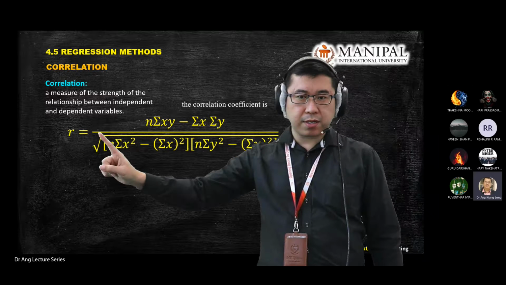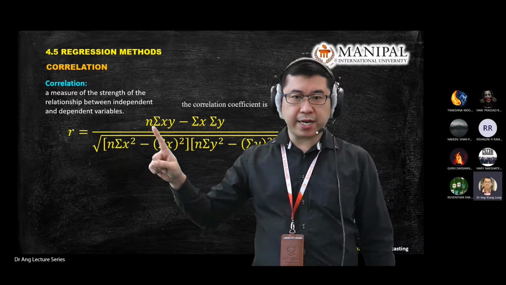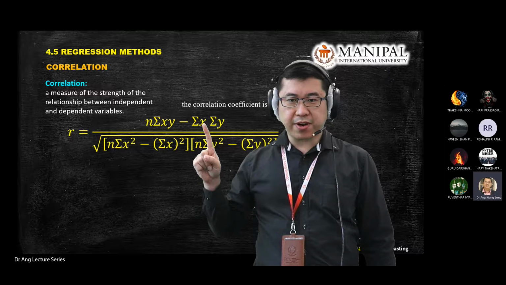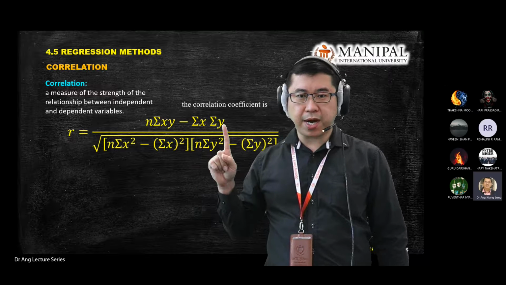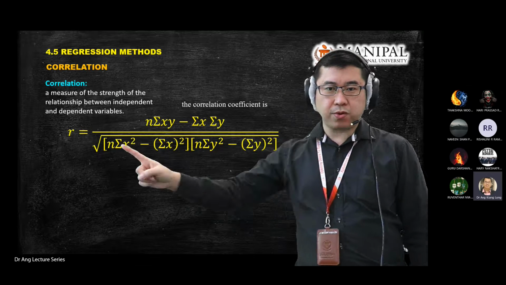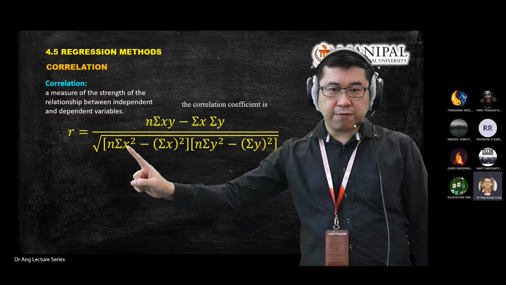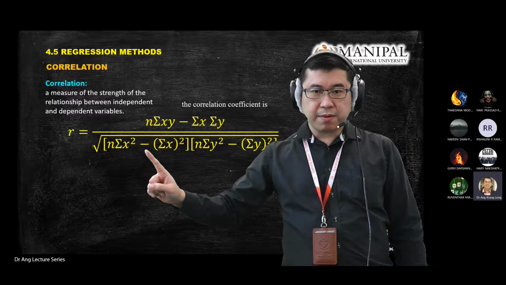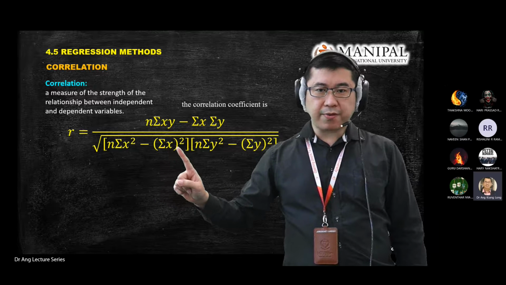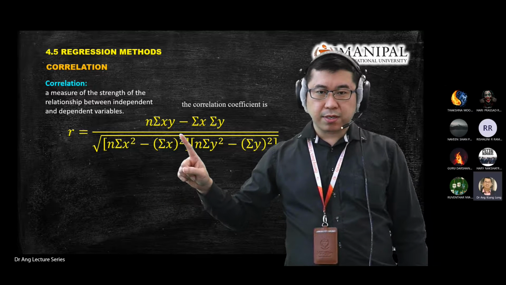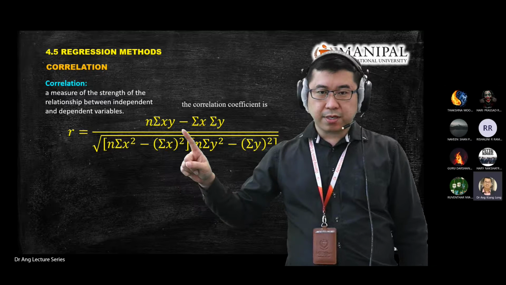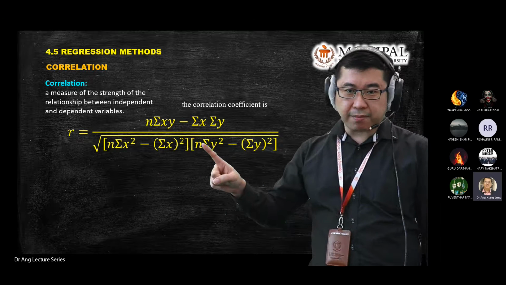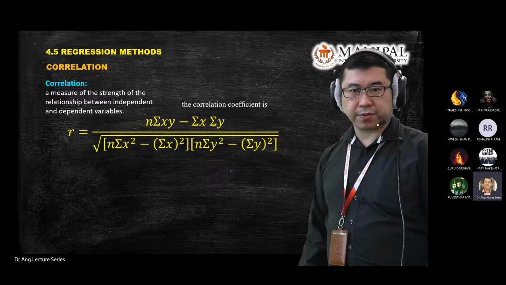R correlation equals n sum of xy minus sum of x multiplied by sum of y, divided by the square root of n multiplied by sum of x squared minus sum of x, squared, multiplied by the y component.